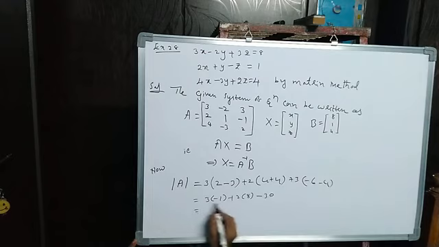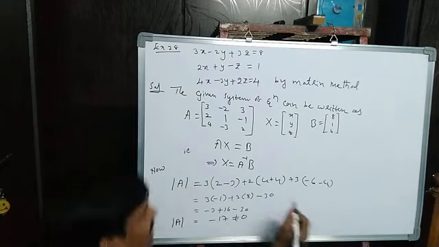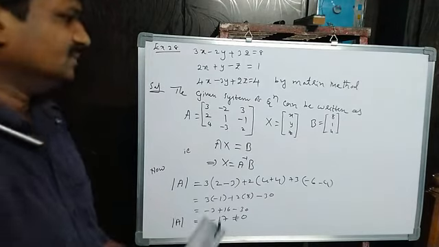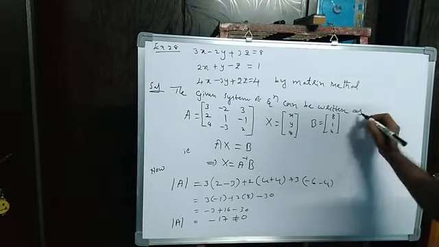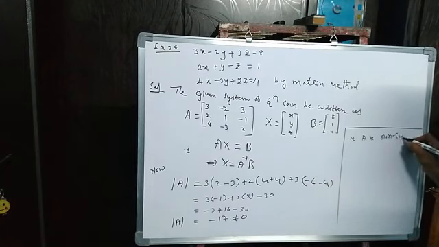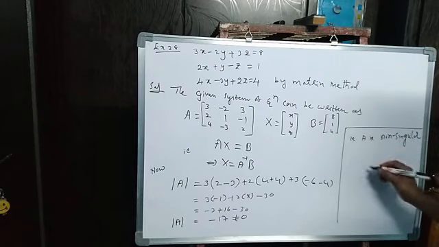So minus 3 plus 16 minus 30. The determinant of A value is minus 70. It is not equal to 0. Yes or no? Whenever the determinant is not equal to 0, A is non-singular. So A is non-singular means A inverse exists.